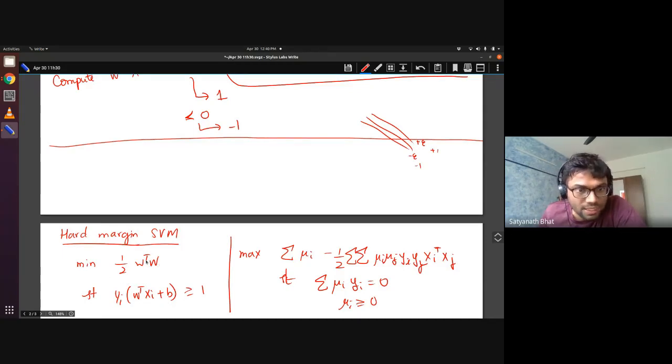The way we have set up the problem, it always gives you three lines: W transpose X plus B equal to 0, W transpose X plus B equal to 1, and W transpose X plus B equal to minus 1. If you put epsilon, then we'll have another epsilon lying here somewhere. In fact, why should it be just one epsilon? It will be epsilon 1, epsilon 2; different things can come. But we have systematically argued away each of these.